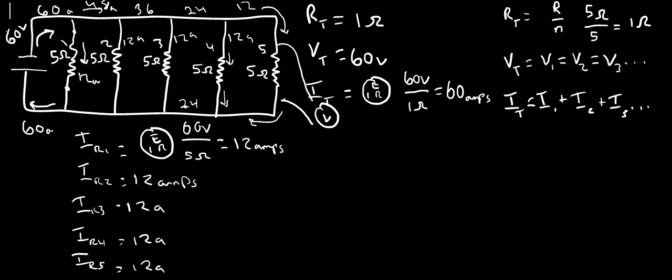The 24 amps combines with the other 12 amps coming down, adding to 36 amps. Again, 36 amps is combined with 12 amps coming down here, and you get 48 amps. The 48 amps is combined with these 12 amps here, and you get a total of 60 amps coming back through the circuit. You could observe that 60 amps left, which was your total amperage, and 60 amps came back.